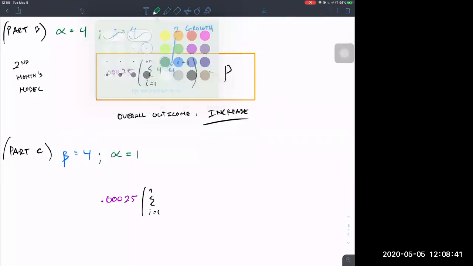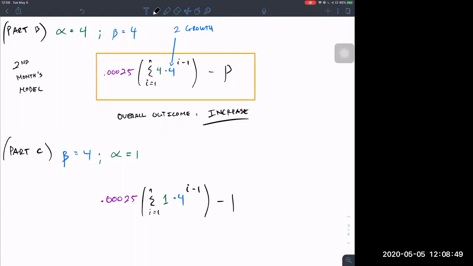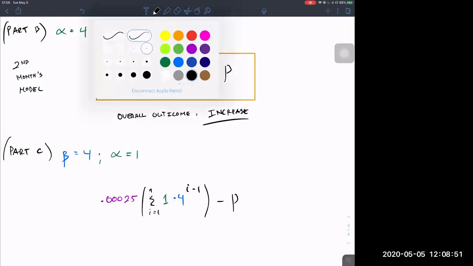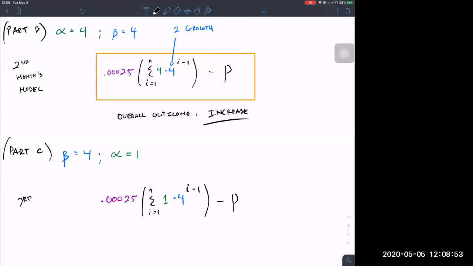So this is a number 1 here. This is now 4. I minus 1 minus P. Again, this is the third month's model.